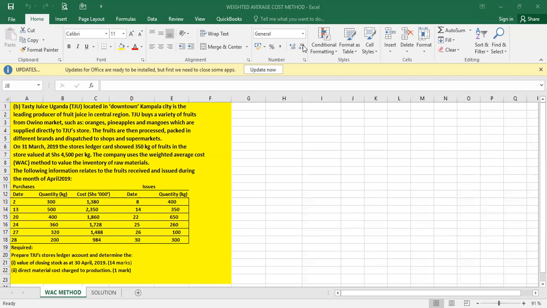But this one, you can proceed with Roman number 2. It says the direct material cost charged to production.